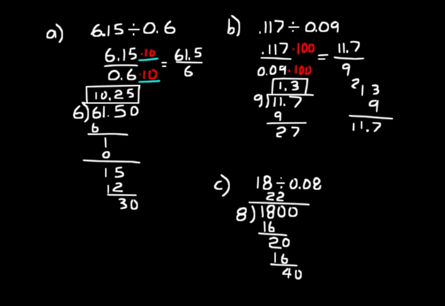Bring down a 0. 8 goes into 40 exactly 5 times. And so there is your answer. You have a whole number answer on this one, 225. There are 225 eighths in 1800, or another way to think about it is 225.08 in 18.